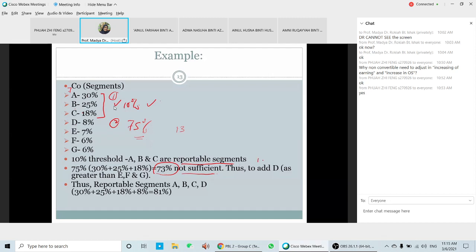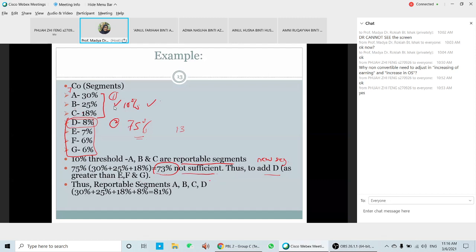So add a new segment. Which one are we going to choose between D, E, F, and G here? We're going to choose D because D has a greater contribution of profit or revenue as compared to E, F, and G. So D becomes a new reportable segment.